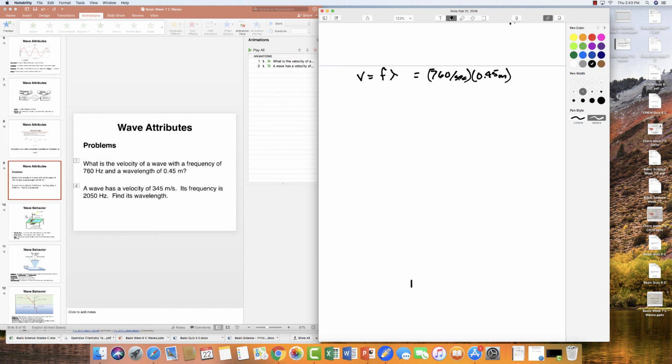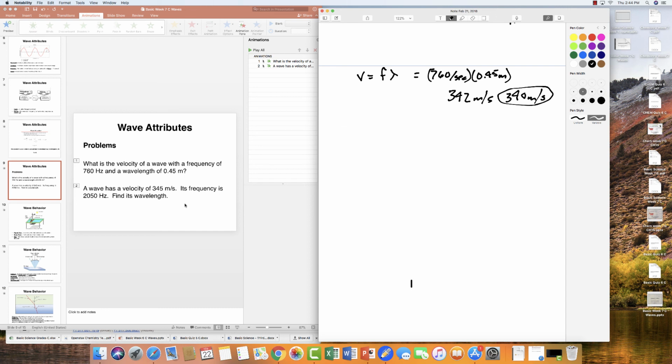So if you look at the dimensional analysis here, you're going to end up with meters per second. So if we do the math here, we get 342 meters per second. Now, to two significant figures, it's 340 meters per second, and that would be the best answer.